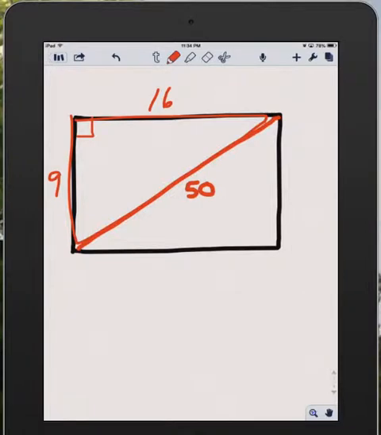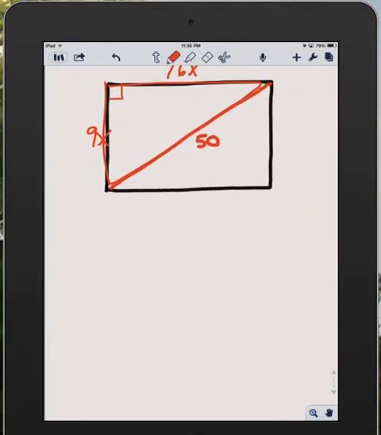But the two sides can be represented as 16x and 9x, indicating that we have a common factor that was canceled to reduce the ratio to 16 to 9. So now we have a right triangle to look at.